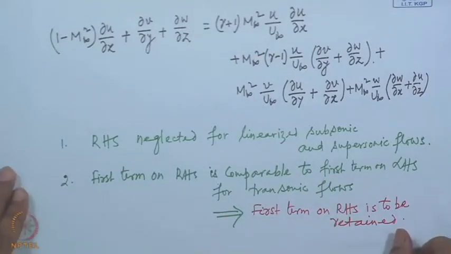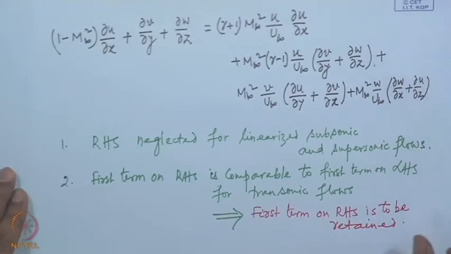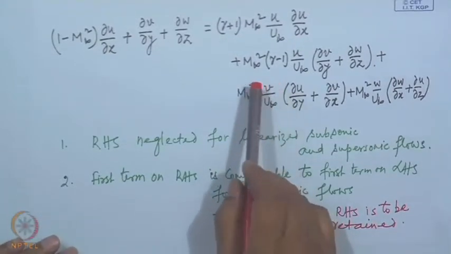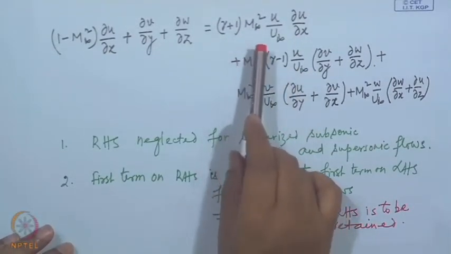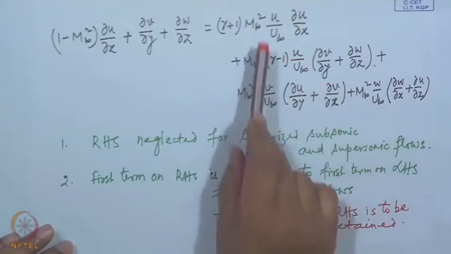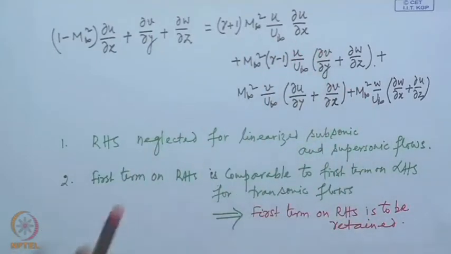However, when the flow becomes hypersonic and M infinity is very large, you can see that on the right hand side all the terms are a product of the square of the Mach number and perturbation velocity.